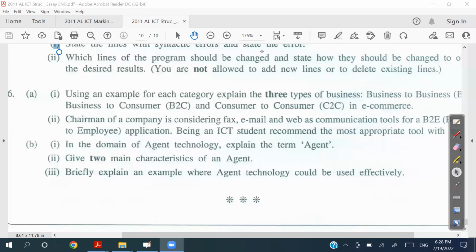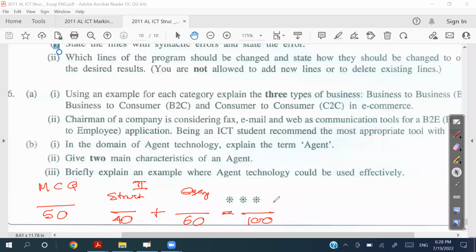So in that case, how are we going to do the calculation? For MCQ, you need to see how much you got out of 50. For the second paper, structured, you have to see how much you got out of 40. For essay, you have to see how much you got out of 60. So add them together, you will get something out of 100.